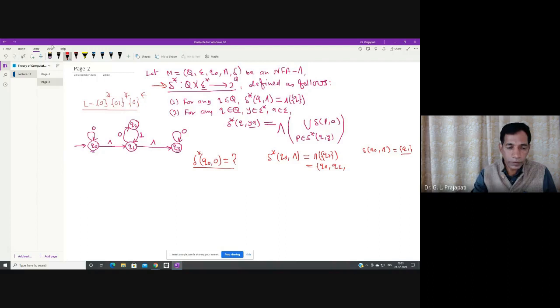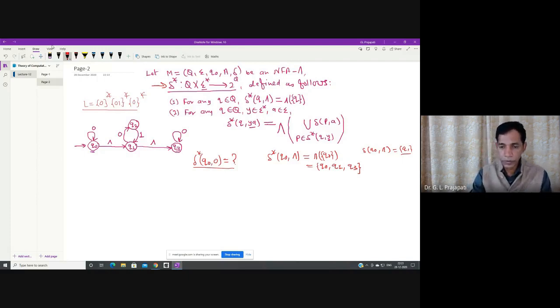From q1 you have the null transition and your machine goes to the state q3. At q3 you don't have a null transition, so these are the only states in the null closure of q0. So this you have computed.